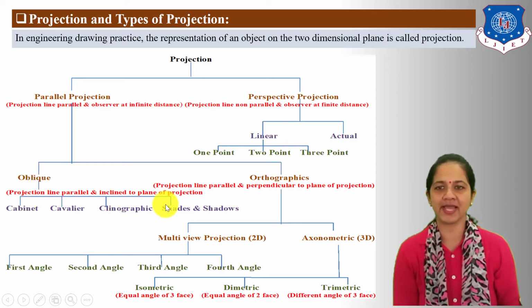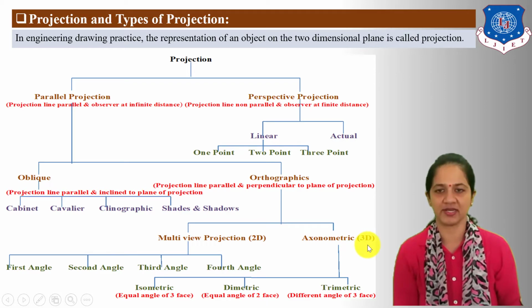Now, there are four types of oblique projection, cabinet, cavalier, clinographic, shade and shadows. Now, there are two types of orthographic projection, multi-view projection that is two-dimensional and axonometric projection that is three-dimensional.